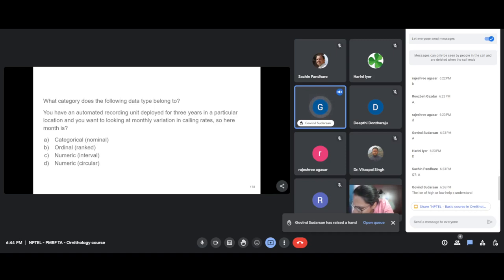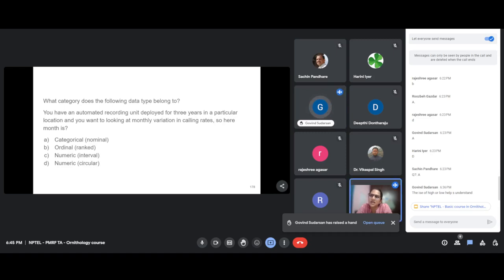Even the first January and the second January would have different variation in calls, right? So in this context, month isn't exactly circular because there's a variation in each succeeding month. So I felt it's more categorical this way. Oh, in this context. I see.